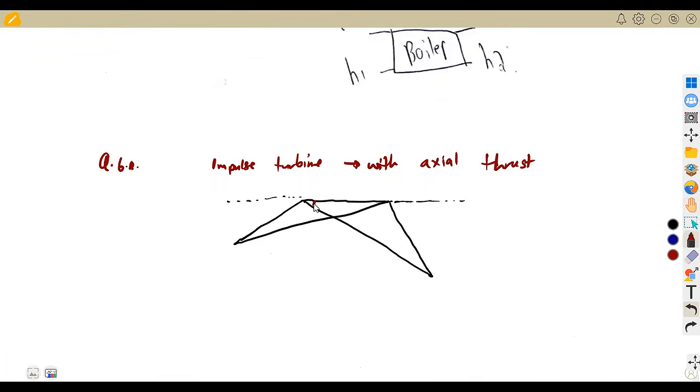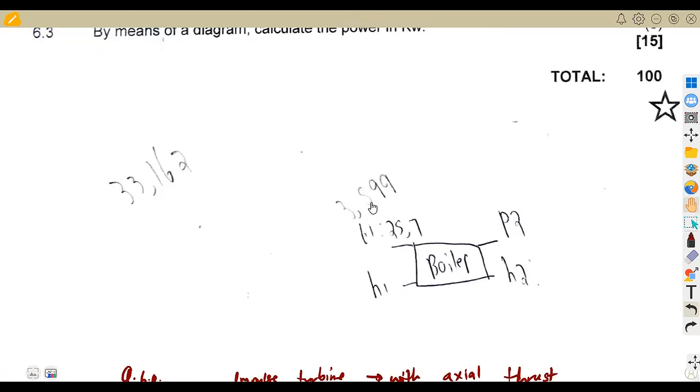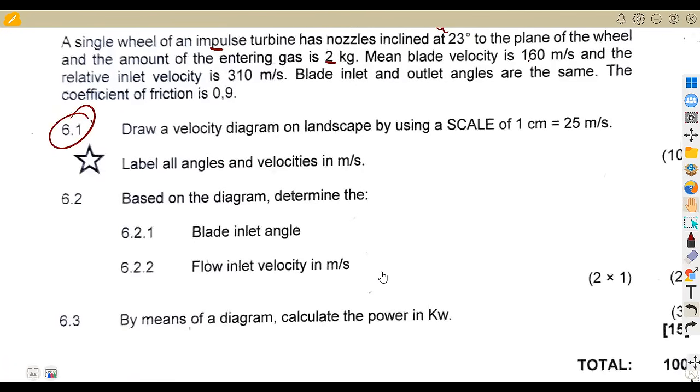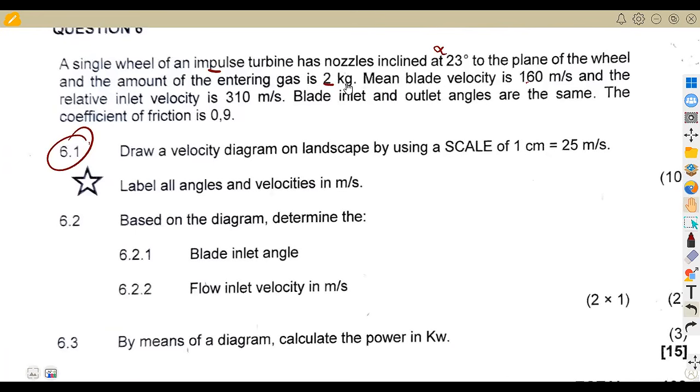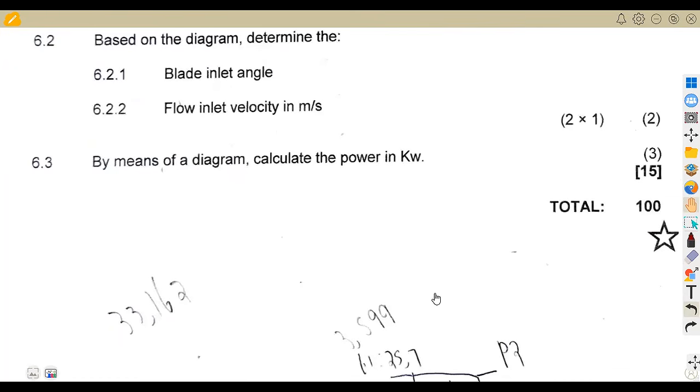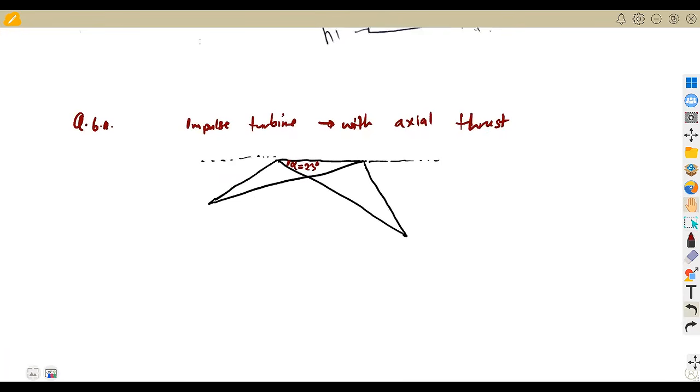So we've got our alpha here, 23 degrees. Let's see what else we are given. We are given the mass of this gas, which is 2 kilograms, then the mean blade velocity of 160.